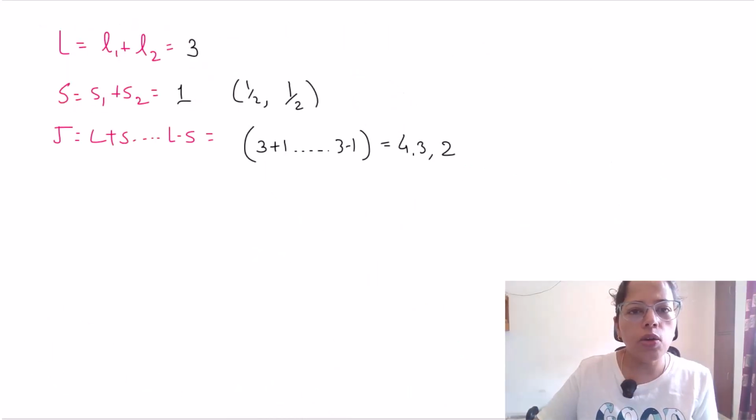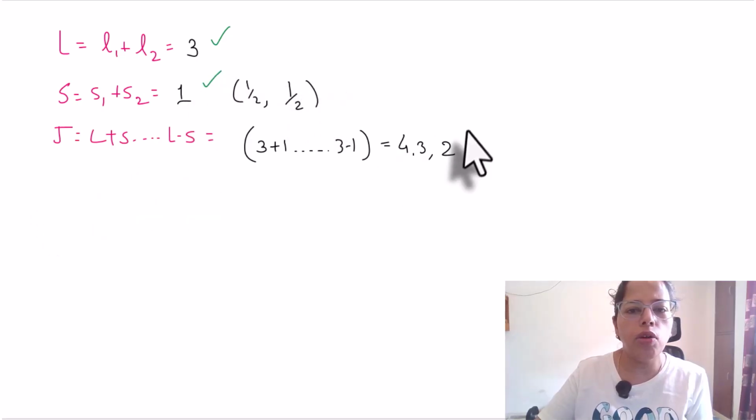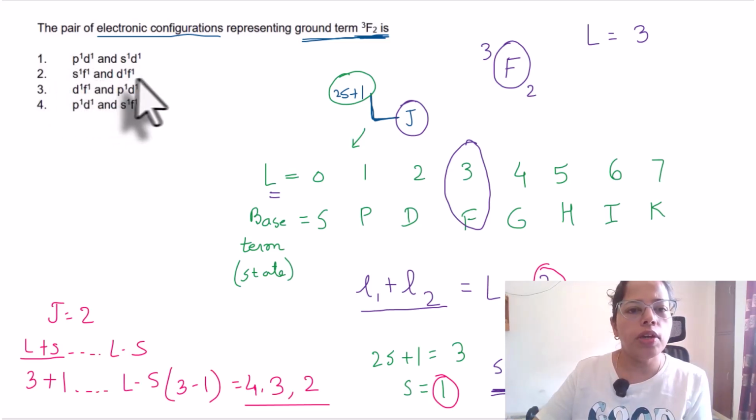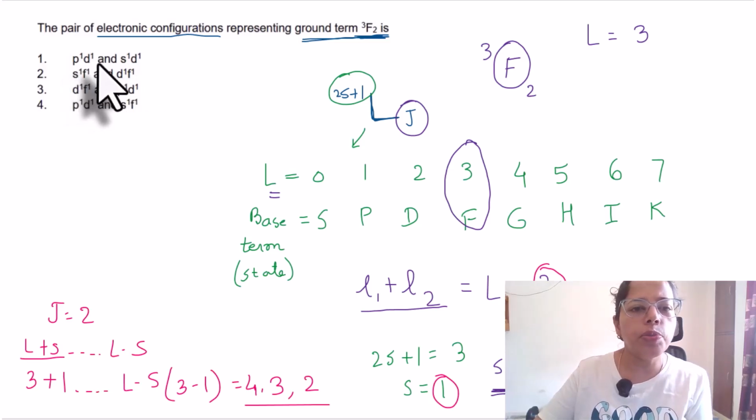Now after getting all these three values, the value of L, the value of total S and the value of J, we go back to the question and check out the options. So we have P1 D1, S1 D1, then S1 F1, D1 F1. Let's check out what happens with P1 D1.